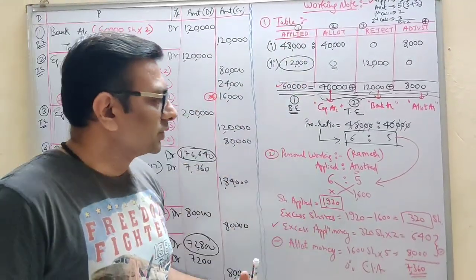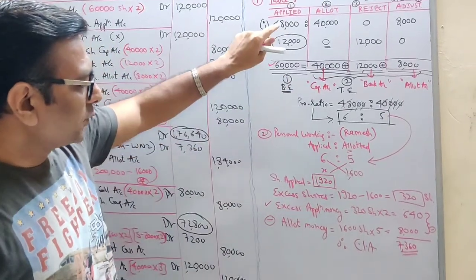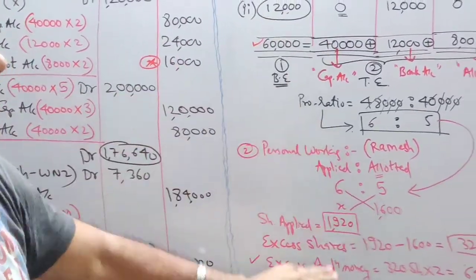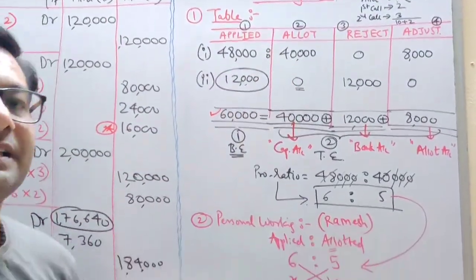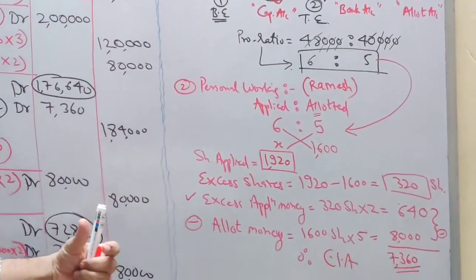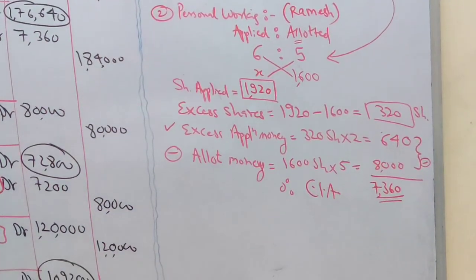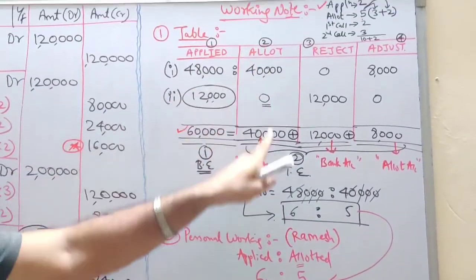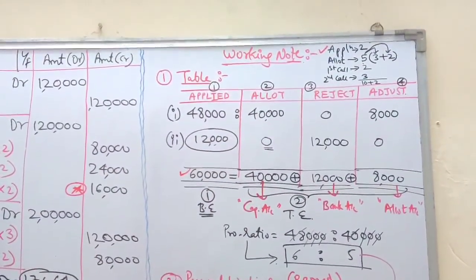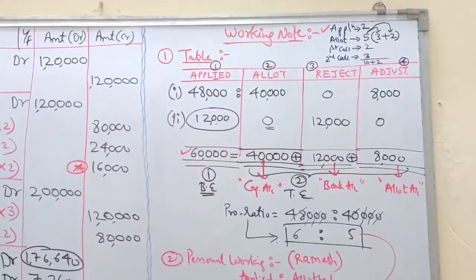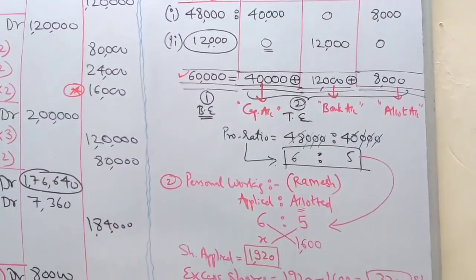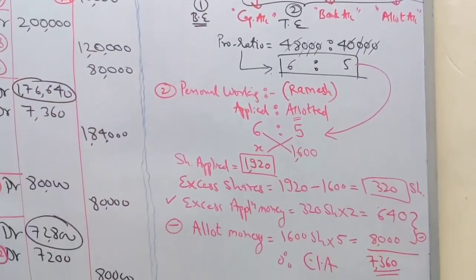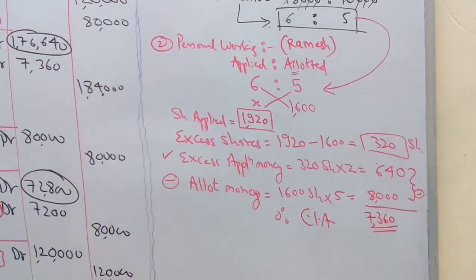Hope you have taken a note of all this working note. I am going to erase both the working notes because I need space to pass entries. You can pause when you watch and take a note of this working note because I am going to erase it.